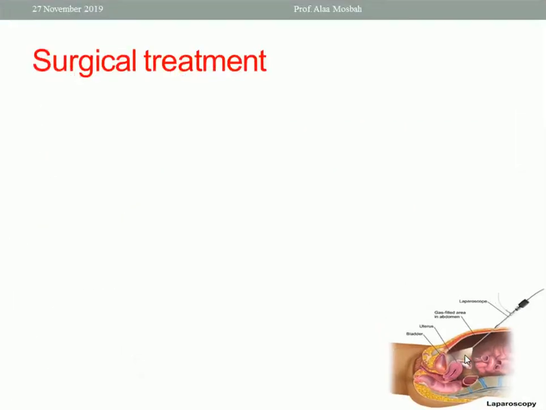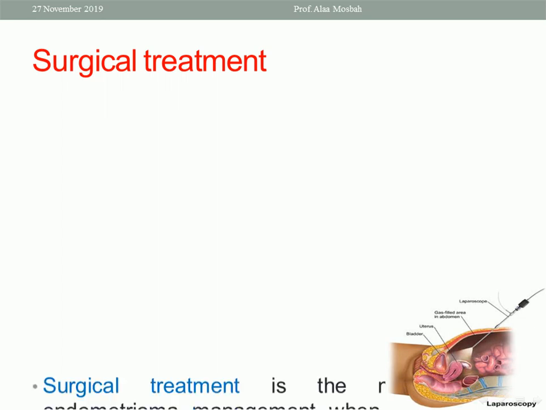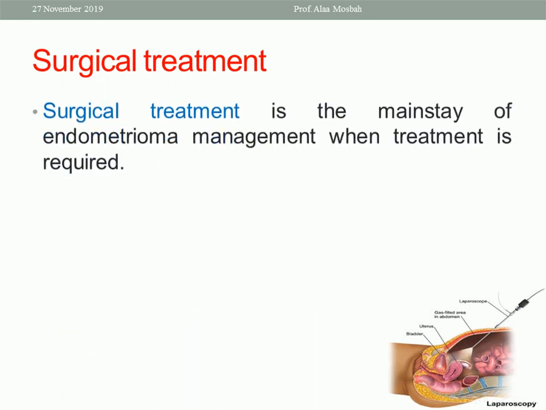So what about surgical treatment, which is our target today in this lecture? As you can see, this is the laparoscope. Insufflation of the abdomen first, then insertion of the laparoscope, then 3-port technique to deal with ovarian endometrioma. Okay, surgical treatment is the mainstay of endometrioma management when treatment is required.